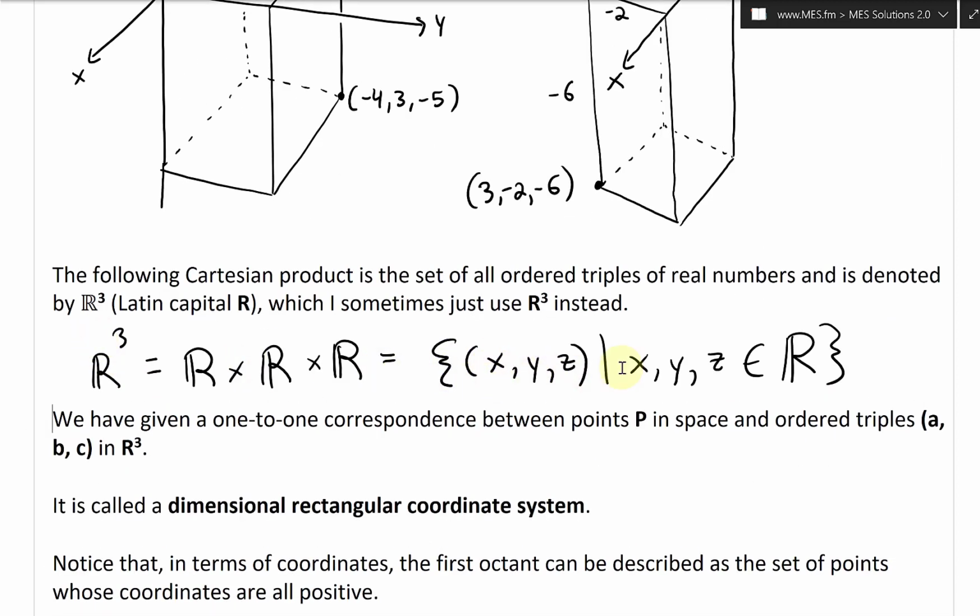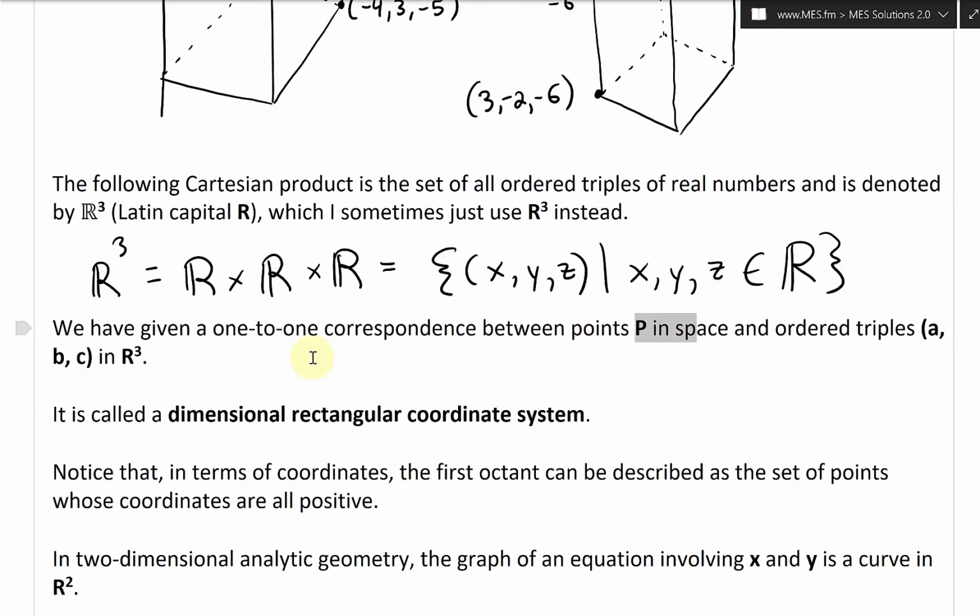Alright, so now that we have this set of all of these points (x, y, z), or all these ordered triples, we have given a 1-to-1 correspondence between points P in space and ordered triples (a, b, c) in R3, where these are all real numbers. So each point has a 1-to-1 correspondence with this collection of triples, for this (a, b, c) in R cubed.